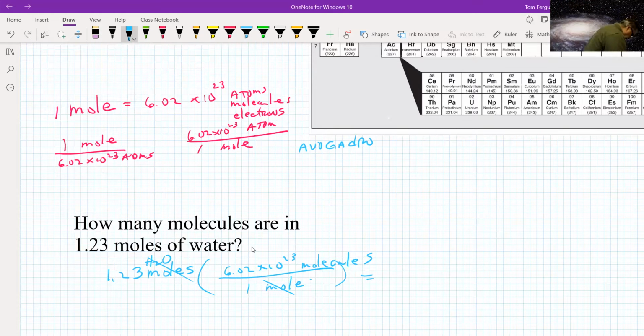And so we are looking at how many sig figs for our answer? 3.